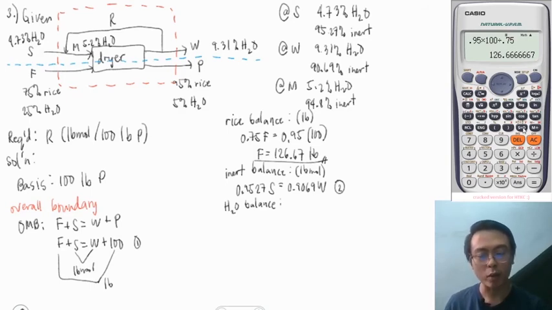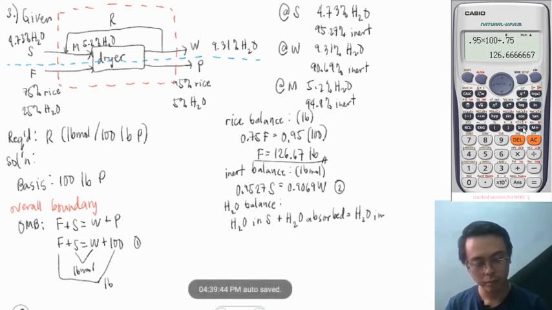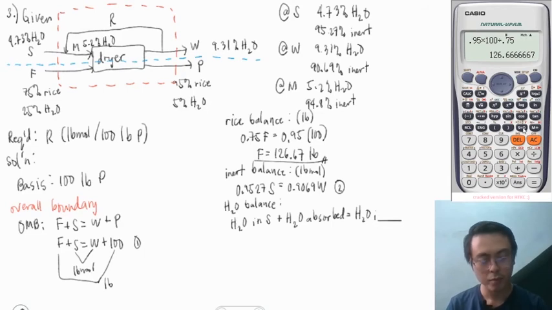What I will do here is simply rearrange the equation and represent it in another way. The water balance is simply the water in S plus the water absorbed. This should be equal to the water in W. Let's examine this equation.